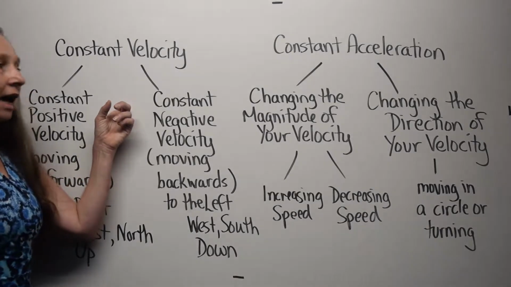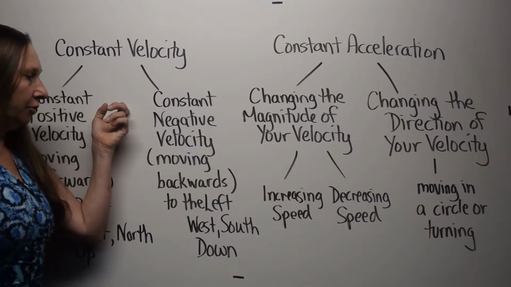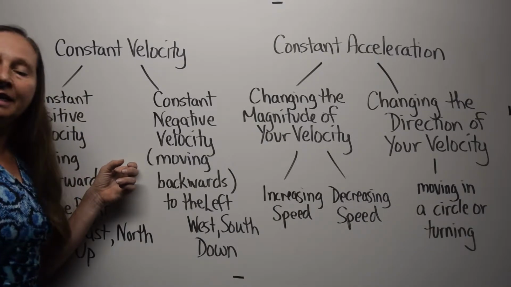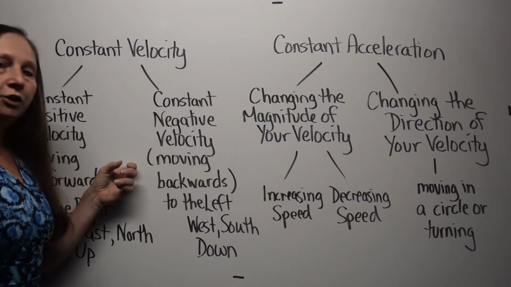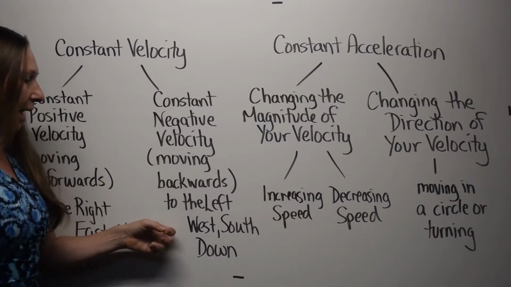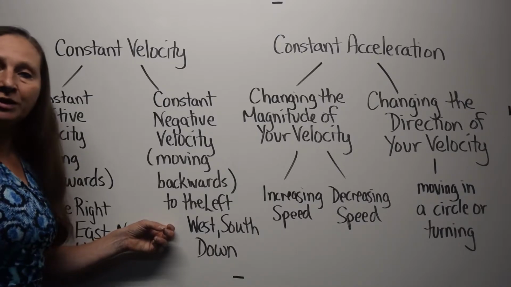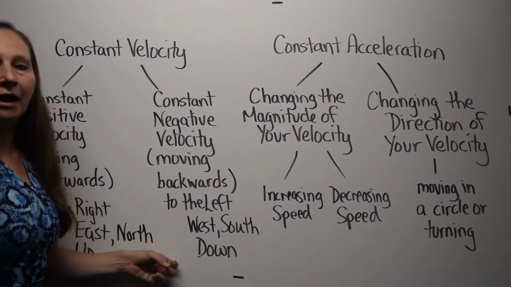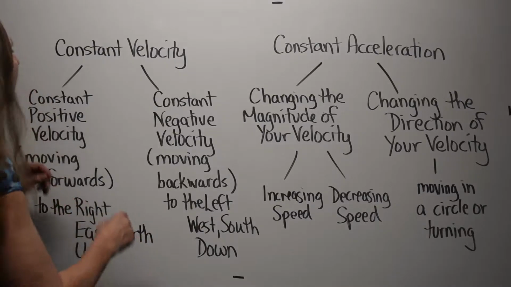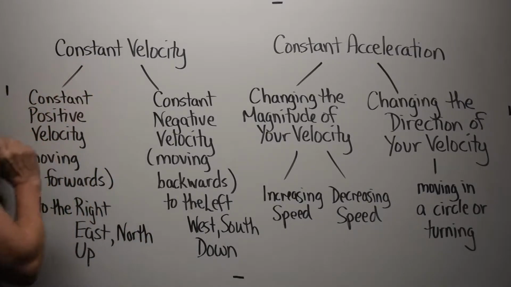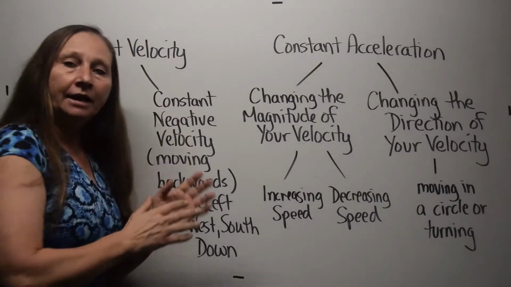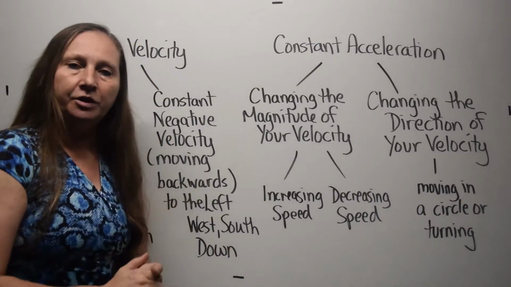And constant negative velocity generally means that you are moving backwards, which usually means you're moving to the left, or west, or south, or down. The graphs of constant positive velocity and constant negative velocity are very simple and straightforward.